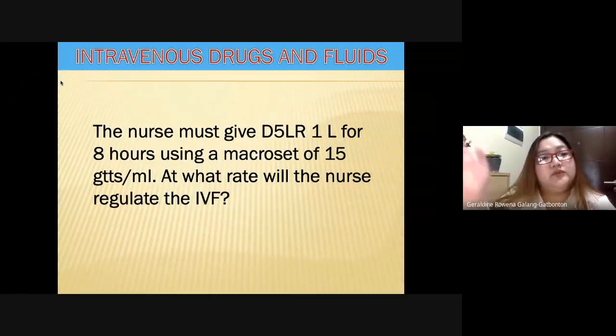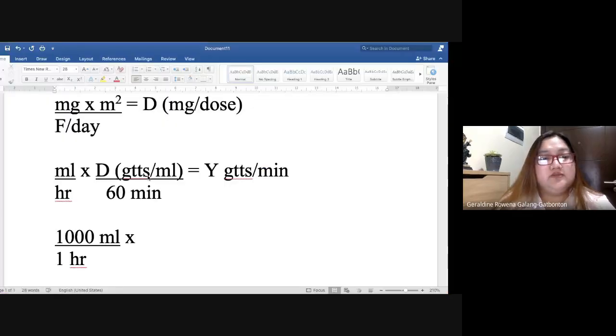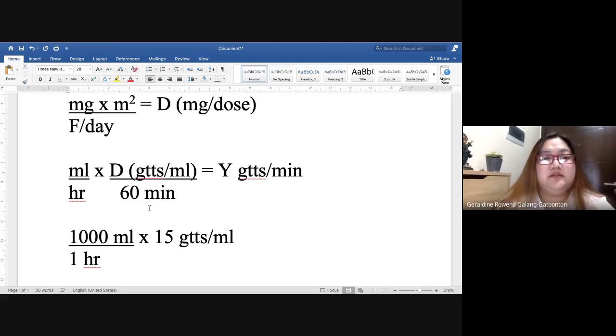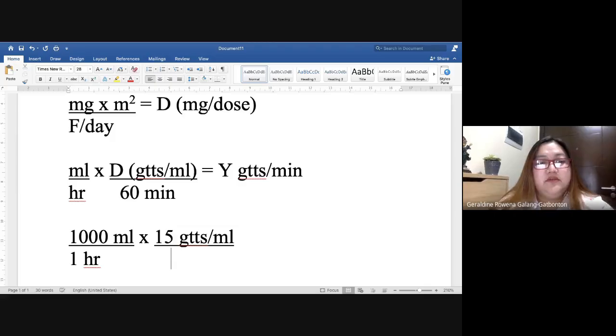The drop factor is 15 drops per ml. Okay? So, times 15 drops per ml divided by standard ulit siya, 60 minutes.